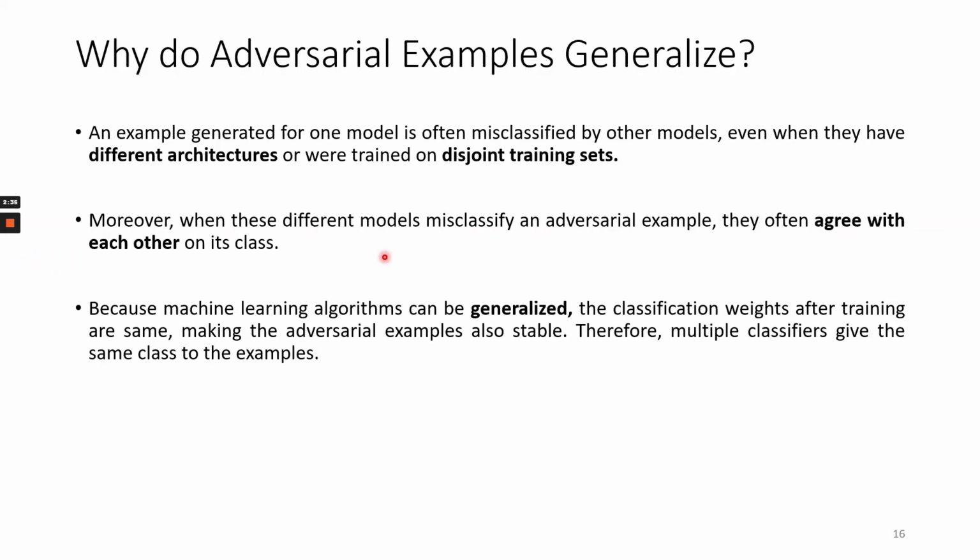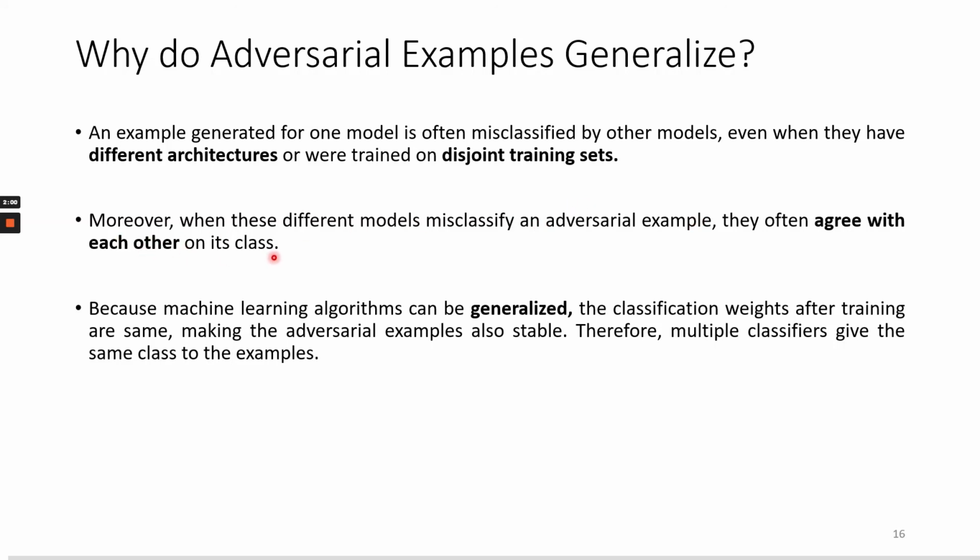So now the question arises: why do adversarial examples generalize? As we have mentioned earlier, the experiments run by the authors showed that machine learning models having different architectures that were trained on different disjoint training sets still misclassified adversarial examples. But one important detail that we did not mention earlier was that all these adversarial examples were misclassified as the same class.